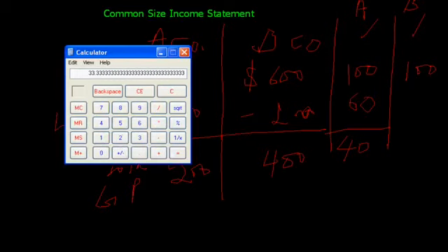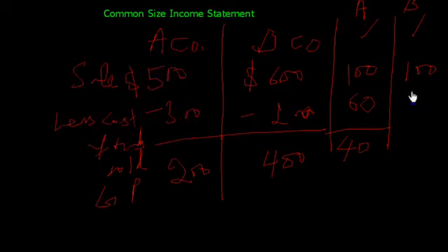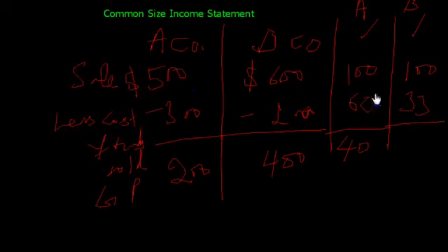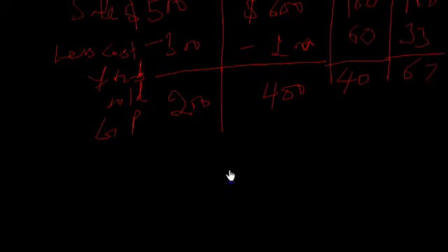This is 33%, and the balance is 100 minus 33, 67. So 67% is the gross profit.